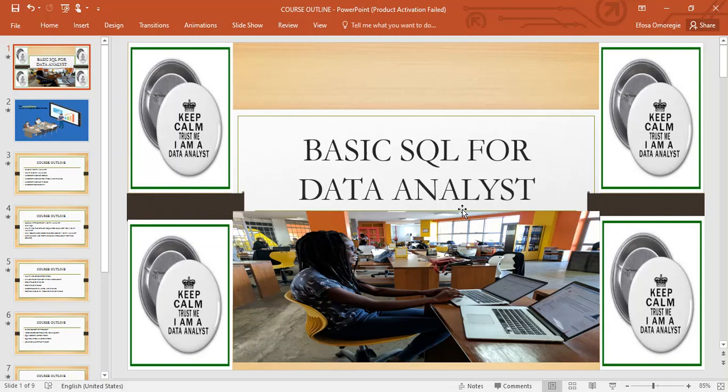You can also acquire this skill if you want to be a database administrator or maybe a data modeler, or you are a business analyst but you have a role that requires you to have a techno-functional skill. They want you to be able to combine SQL with business analysis. So even as a business analyst, this will also be useful for you.